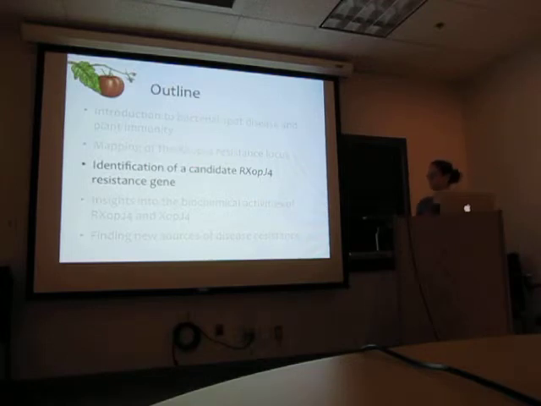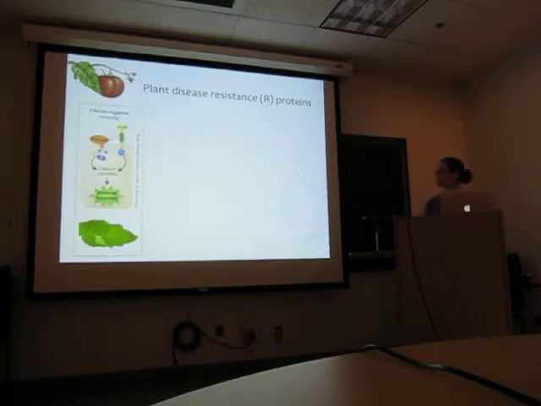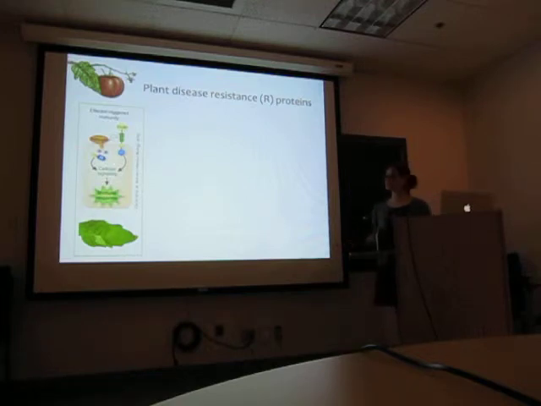And so the next step after that was to identify a candidate gene, or several candidate genes, to begin with. And before I talk about that, I need to go back and tell you what kind of genes I was looking for. So remember our effector-triggered immunity, so we're looking for something that encodes one of these R proteins that could be recognizing an effector from the pathogen.